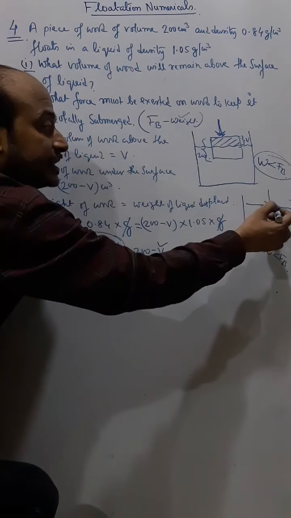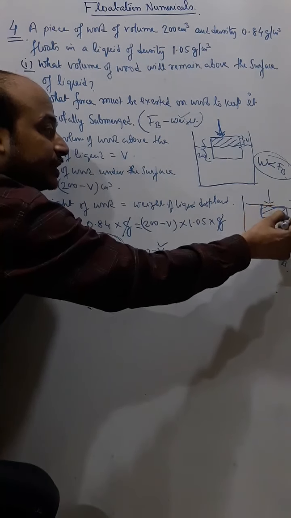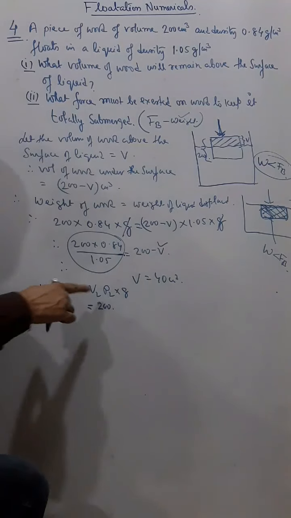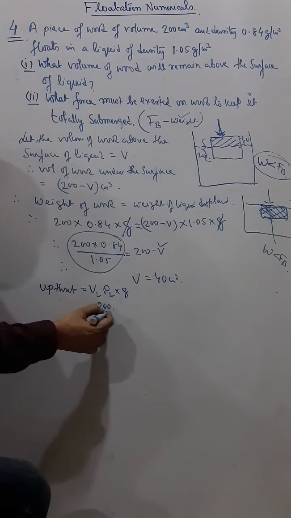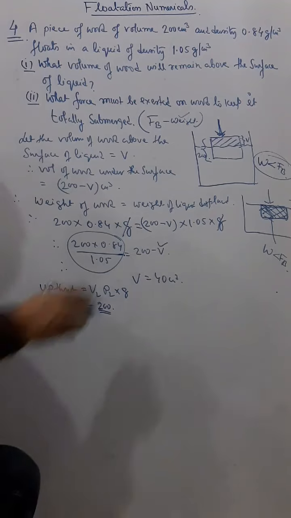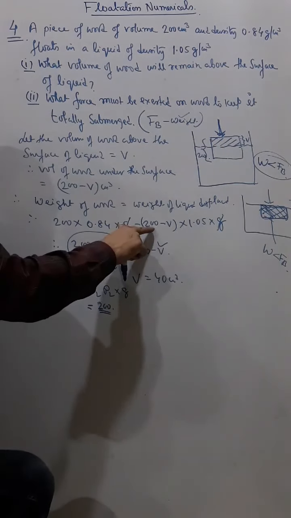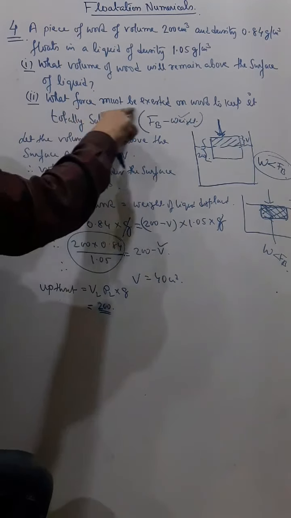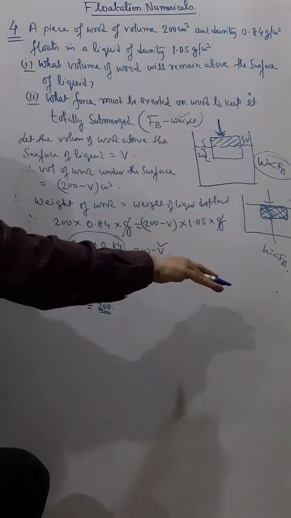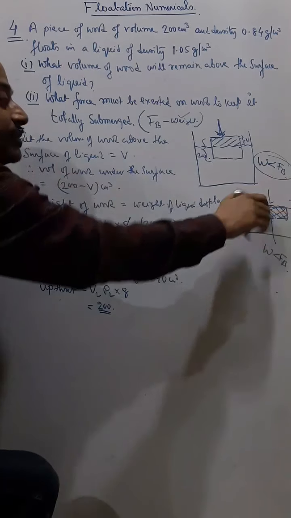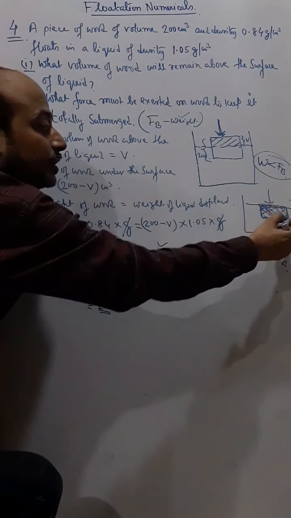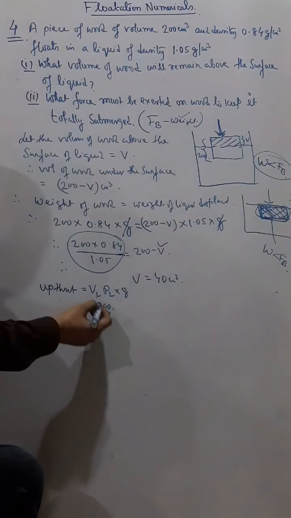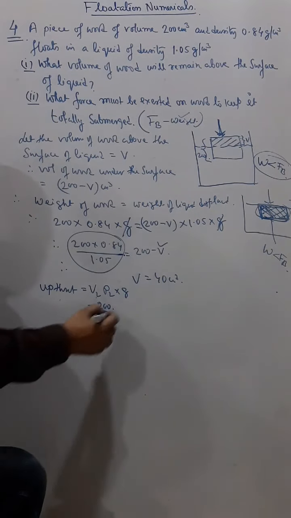In this case the volume of liquid displaced will be the full volume. Try to understand, the volume of liquid displaced is 200 minus V when floating, but they told me to keep it totally submerged. When I keep the wooden block totally submerged, the volume of liquid displaced will be the volume of the full body, and therefore I am taking volume of liquid displaced as 200.